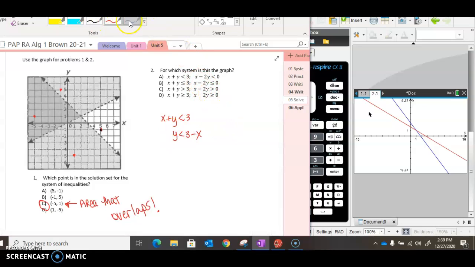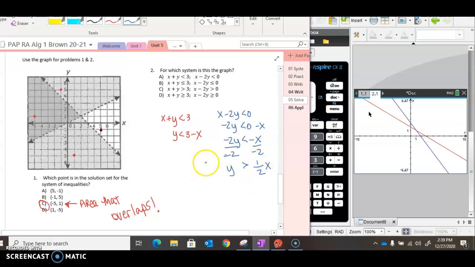And then we have x minus 2y is less than 0. Let me get this eraser over here. Get rid of this so I can solve for y over here. Negative 2y is less than 0 minus x. So negative 2y is less than negative x. If I divide by negative 2, don't forget my sign swaps, right? So I have y is greater than a positive 1/2 x.